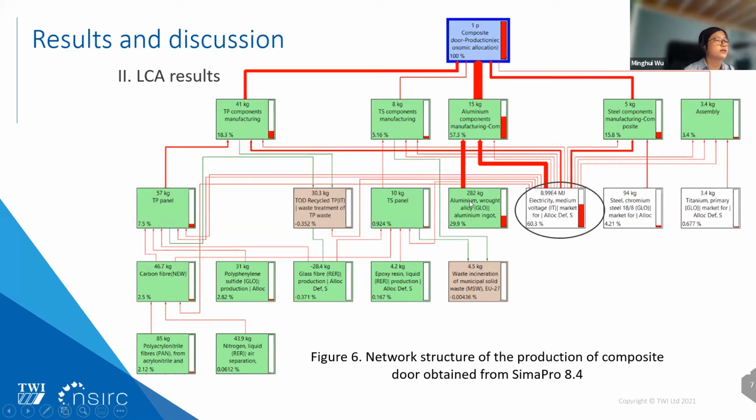So each box presents the process, and the arrows present the flows between the processes. And the thickness shows the contribution to the environmental load generated by each process. So from this result, we can see the energy appears to be the hotspot.